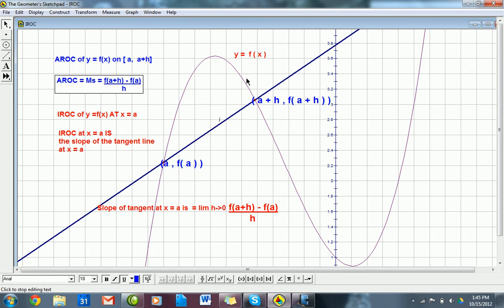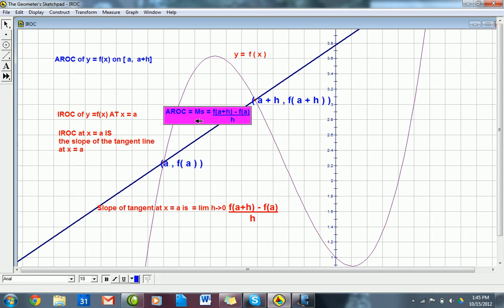That's the change in x. A plus h minus a leaves us just with an h. So this is the average rate of change, the slope of this secant line. It's the rate at which this function is changing between x equals a and x equals a plus h. Average rate, not an entirely interesting idea.